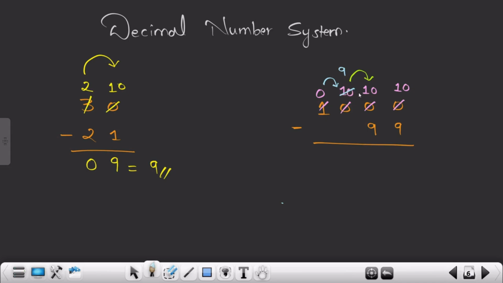But then this 0 was also dependent on this number, so it actually gave one digit to this number. So since it is borrowing one from 10, it will become 9. Great. So let me erase this part.